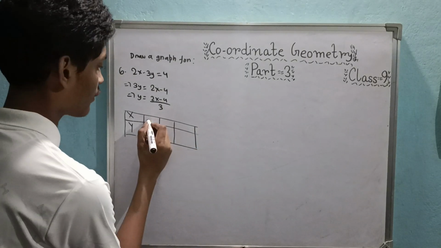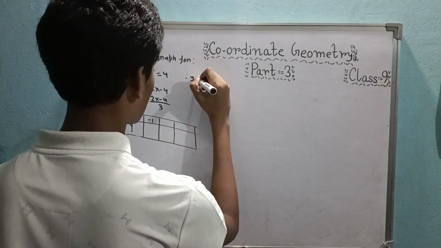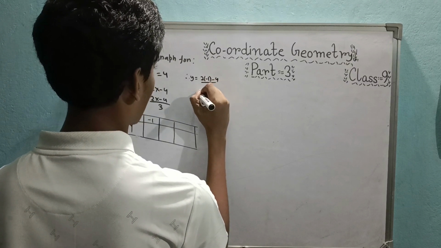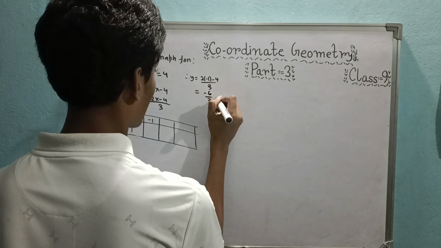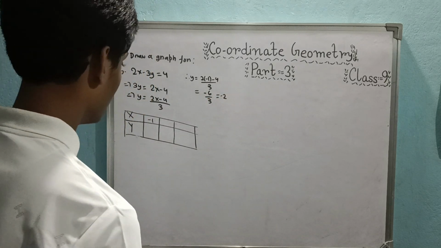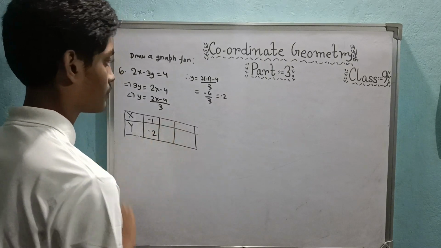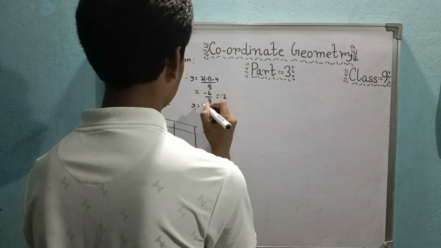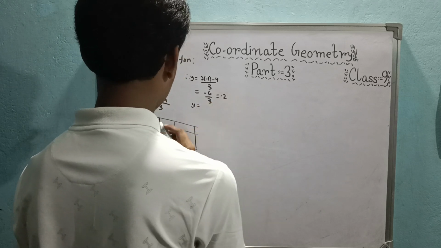Now let's take x as -1. Therefore we get y equal to (2 into -1 minus 4) by 3 equal to -6 by 3 equal to -2. There you go. So -2 here. Then let's take x equal to 0.